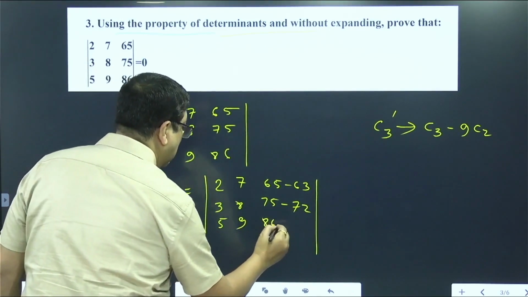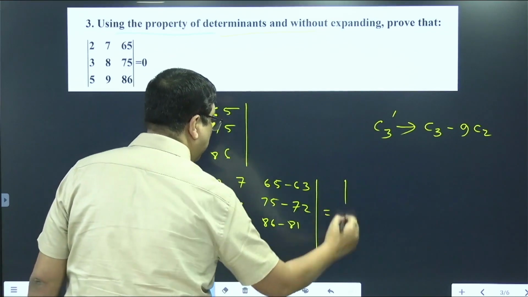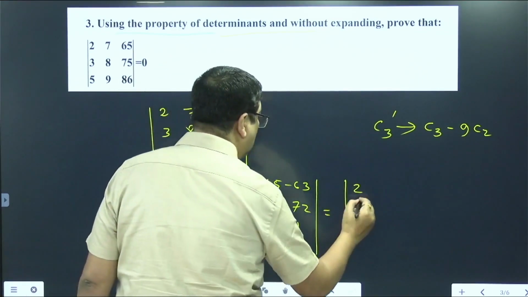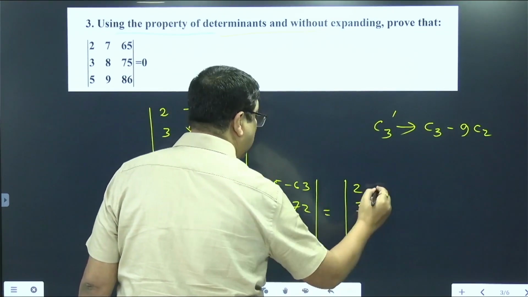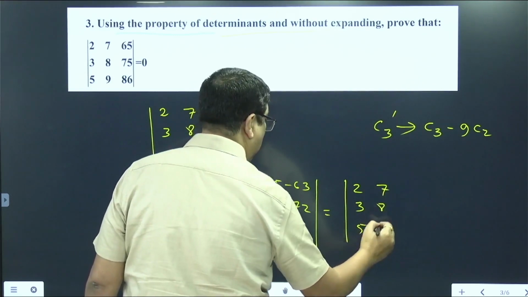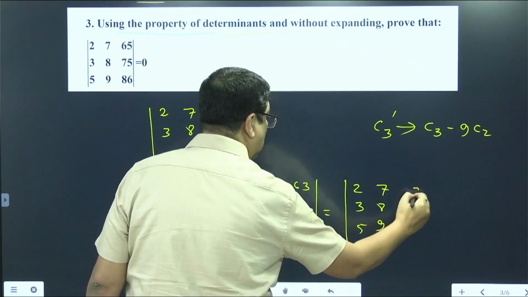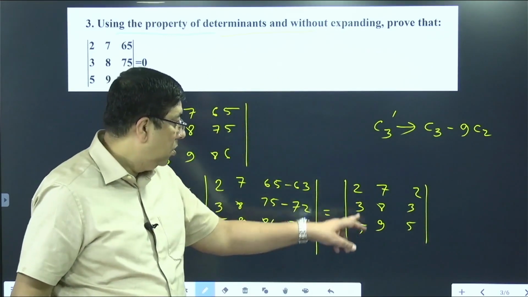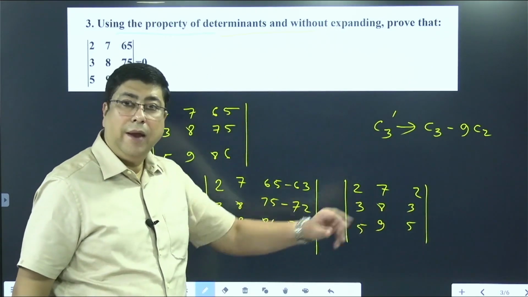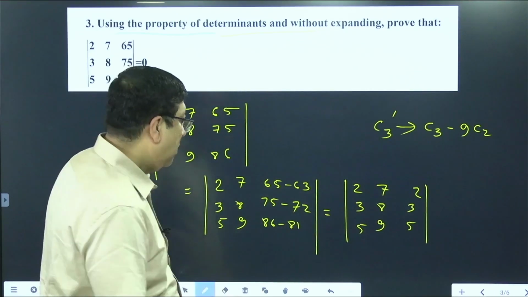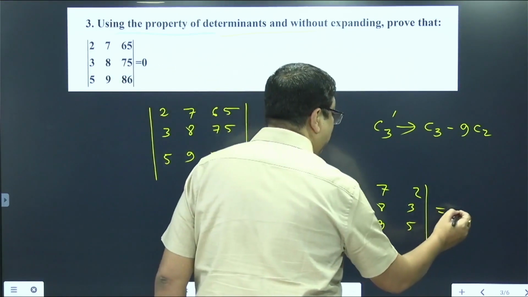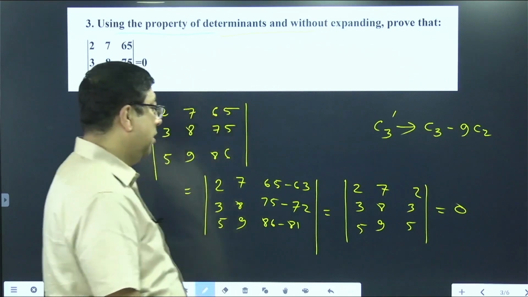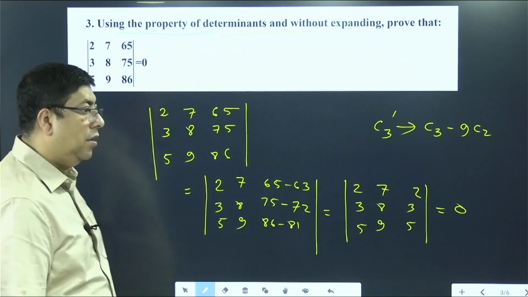So we are getting 2, 3, 5; here it is 7, 8, 9; and this is 2, 3, 5. And we see that these two columns are identical. Therefore the determinant is 0, because there is a property that if any two rows or columns are identical, then the value of the determinant is 0.